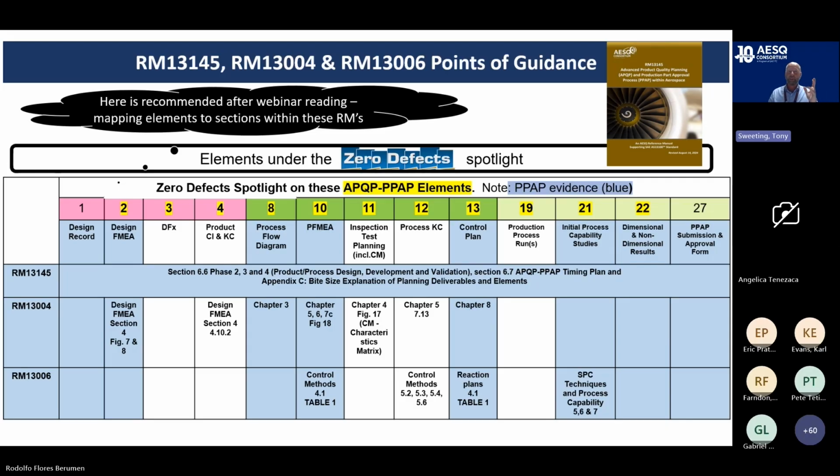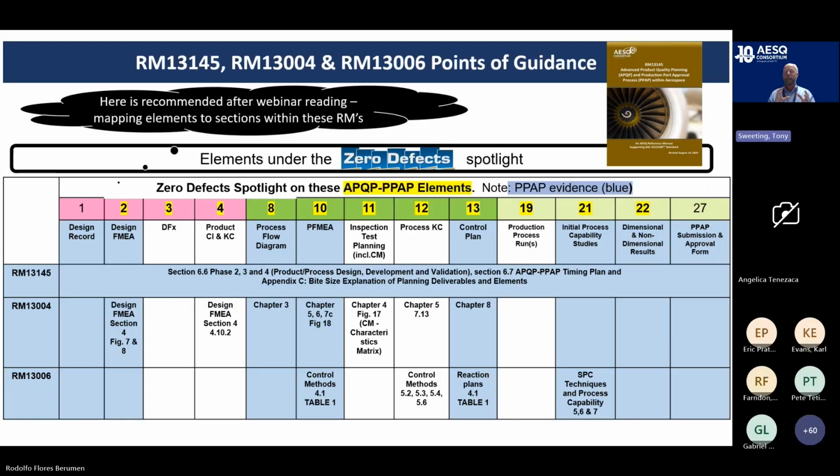Here we're talking about 13004 and 6 that are integral to be able to use this. While this has the broad structure to implement good SPC and to understand whether you've got a good foundation for your design, FMEA, etc., you should use the other documents. They all help each other.